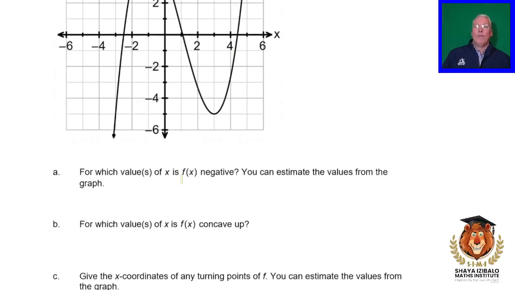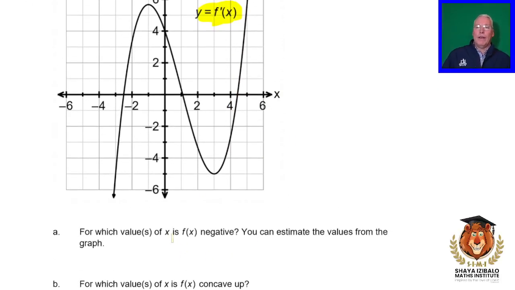Okay, so for which values of x is f of x negative? I think there's an error here, because I think this is saying, where is f dashed of x negative? Where's the gradient negative?